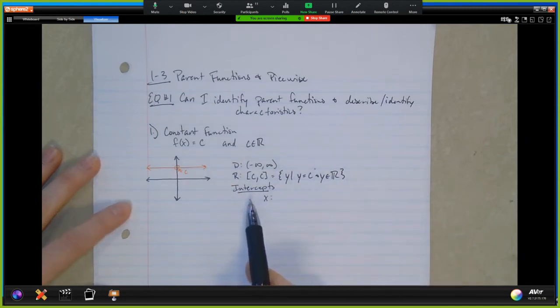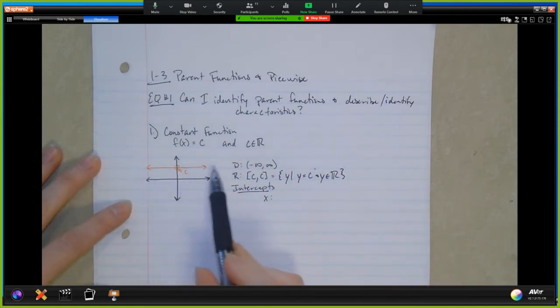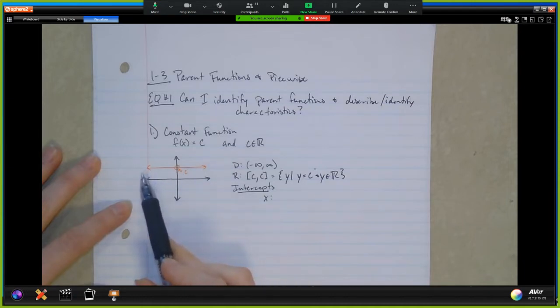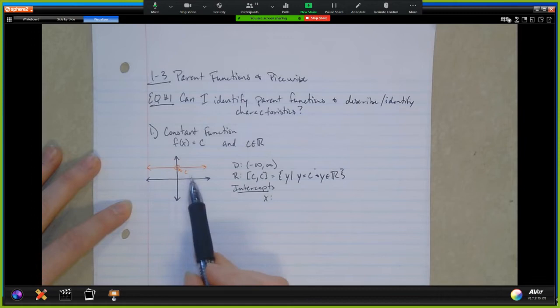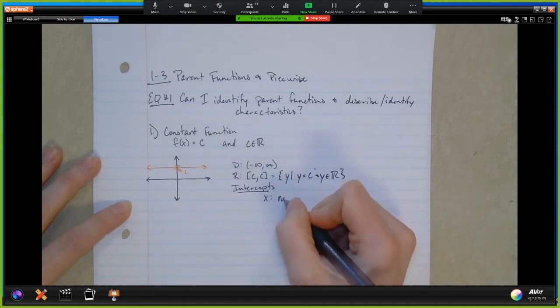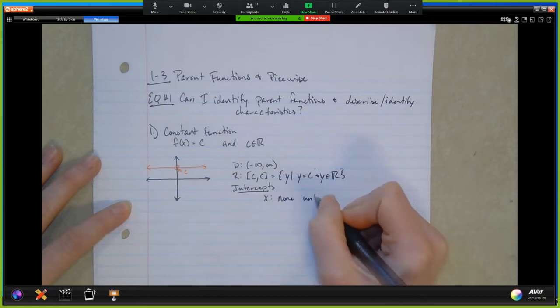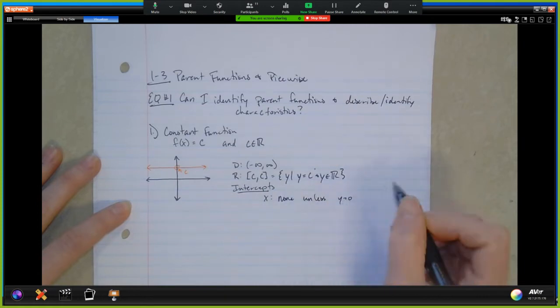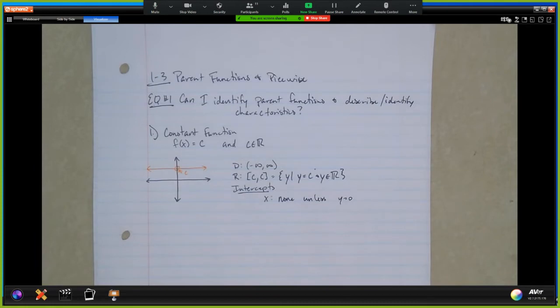So if we're thinking about x-intercept, if it's a horizontal line, will it ever hit the x-axis? What would you say? No. No, unless it's y equals 0 or f of x equals 0, right? So none unless y equals 0, which would mean that it hits the x-axis the whole time.